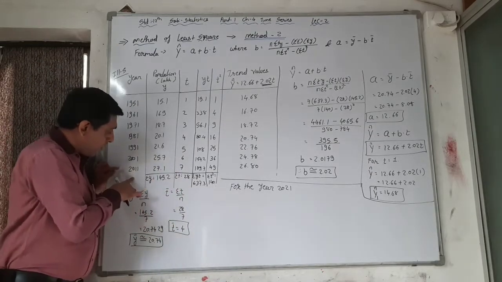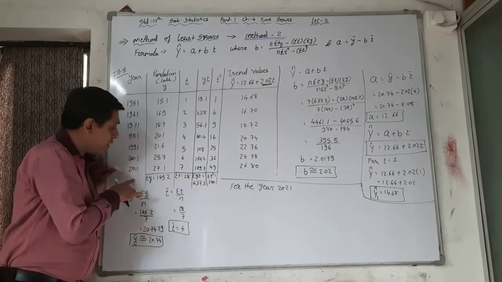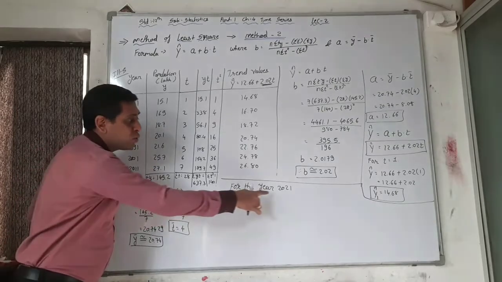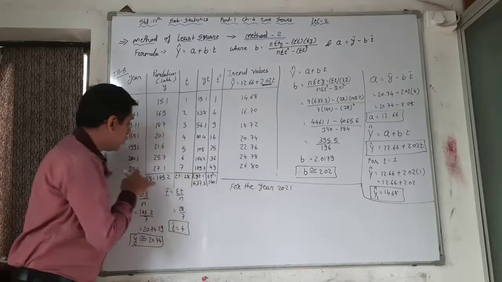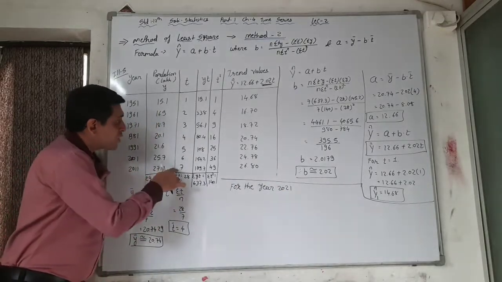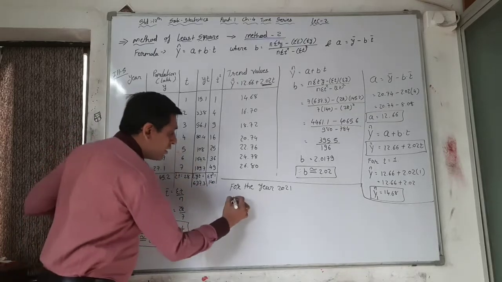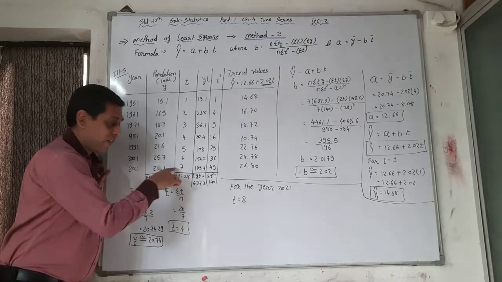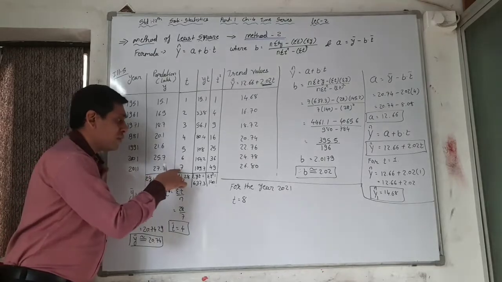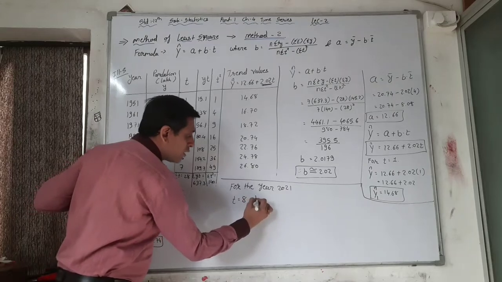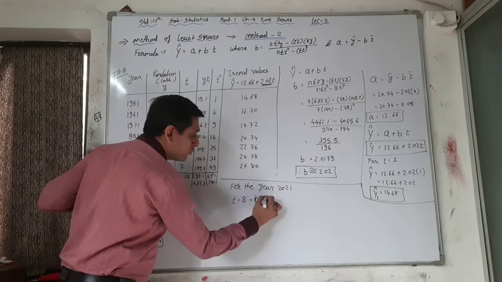After that, what is the next 10-year interval year? That is 2011 plus 10, that is 2021. So the next year is 2021, and that's why we are taking t is equal to 8. The last year, 2011, is 7, then 2021 is 8. So we have to find the t equal to 8 value.